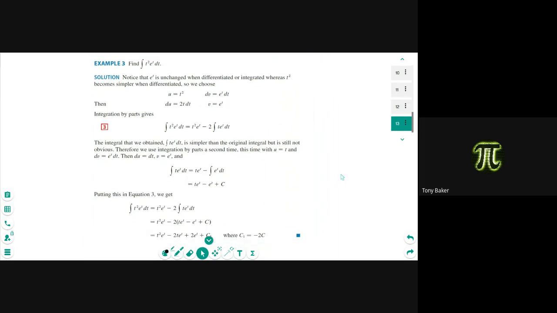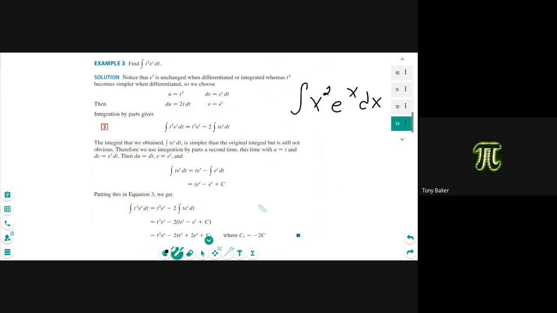The original problem for this one was x squared e to the x. Okay, simple multiplication, right? Except we have to do something known as integration by parts to do it.